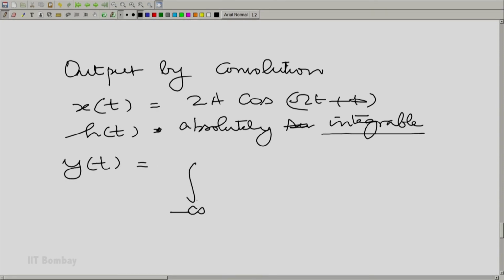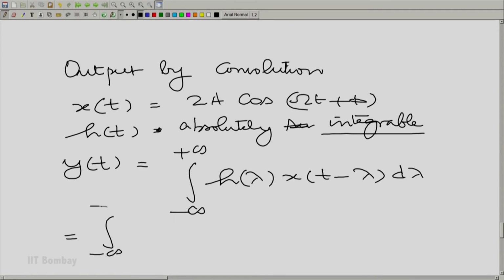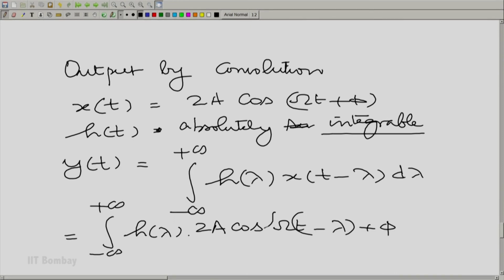The output is going to be y(t), and here I will use this form, h(λ) x(t − λ) dλ, which is the integral from minus infinity to plus infinity of h(λ) 2A cos(ω(t − λ) + φ) dλ.